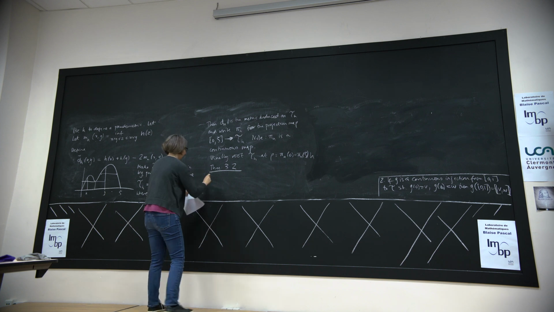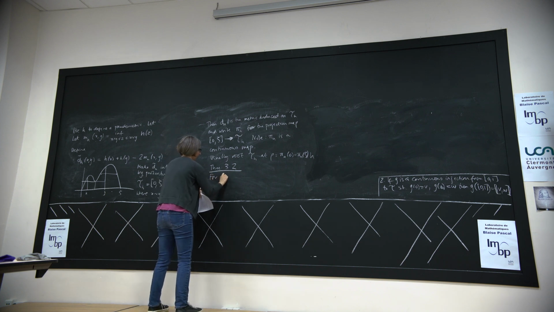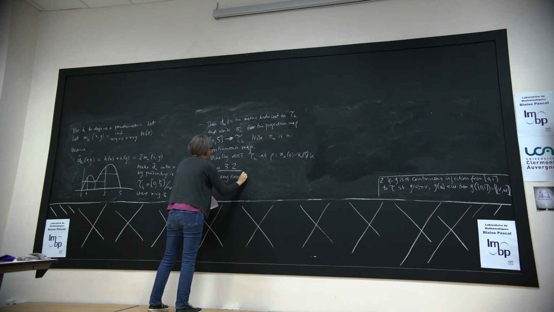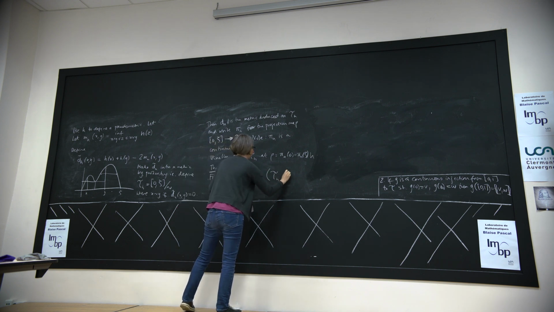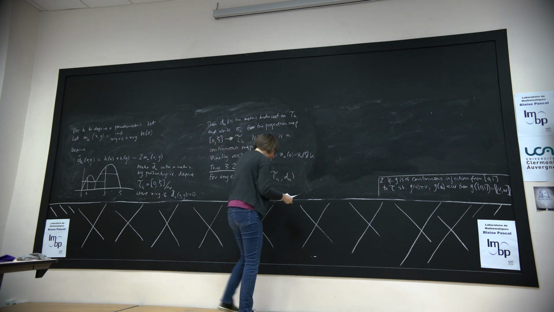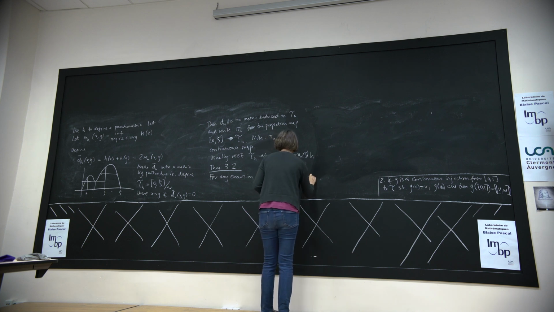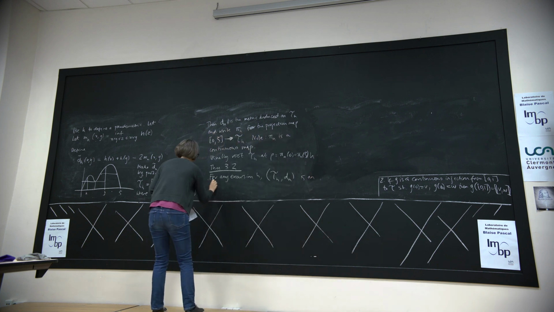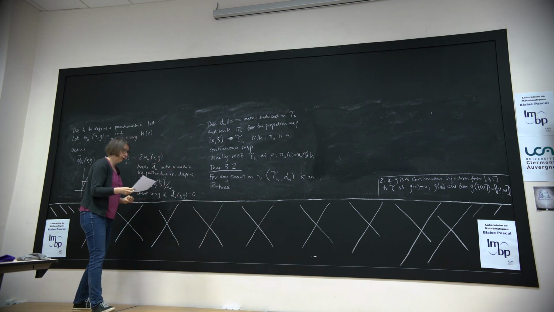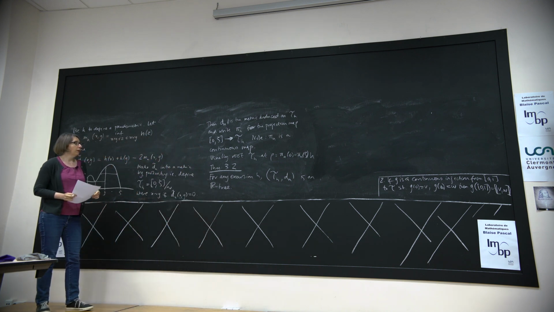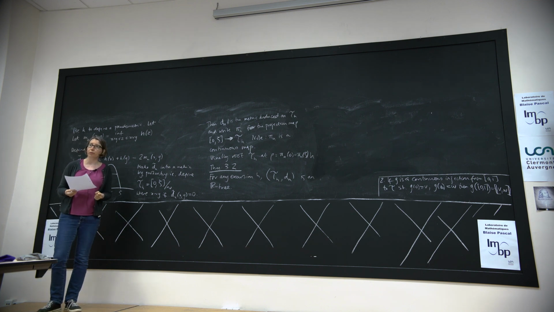For any excursion h, this little metric space here is an R tree.